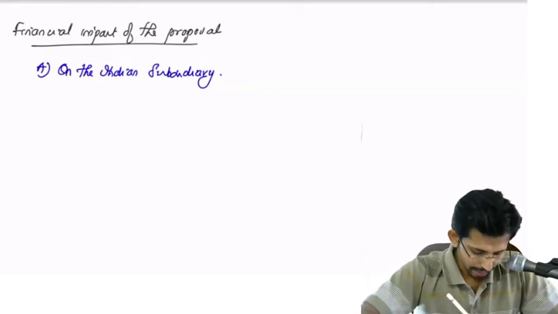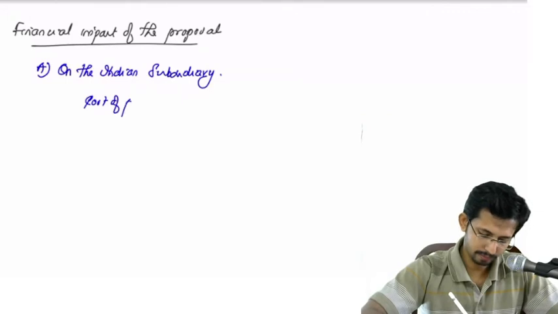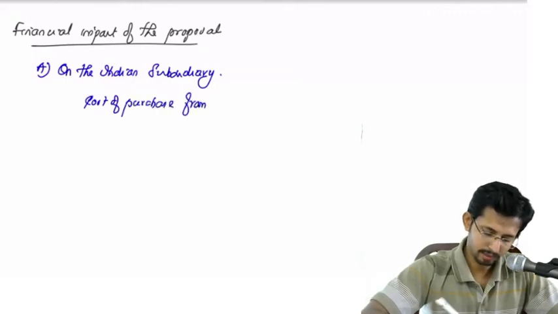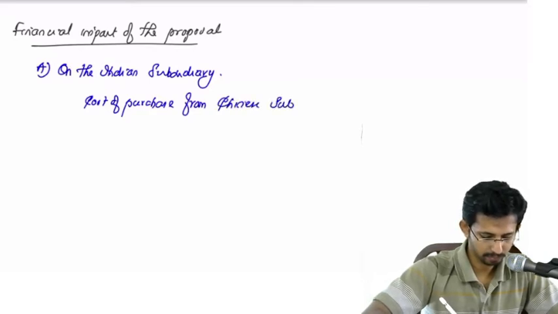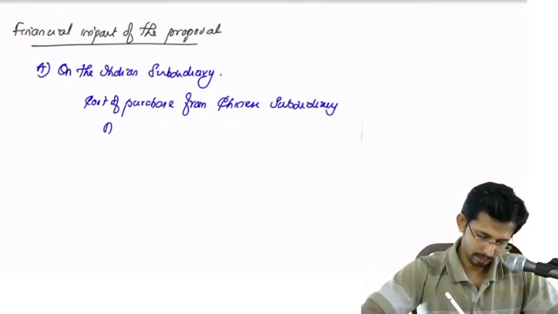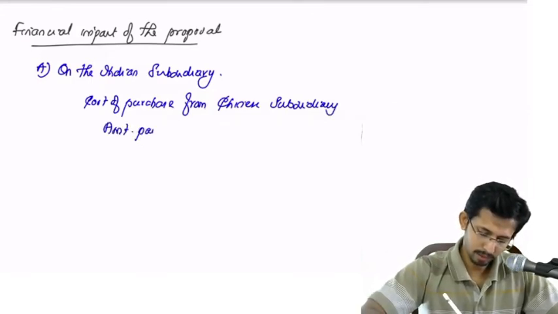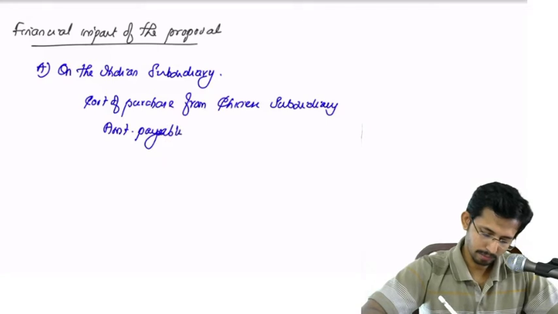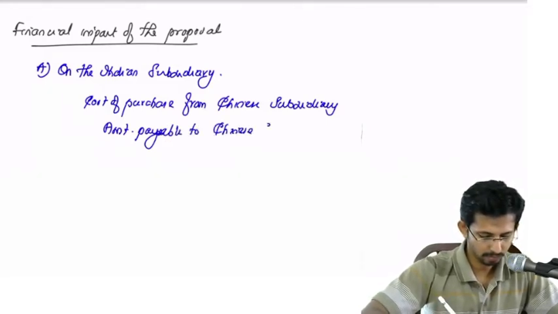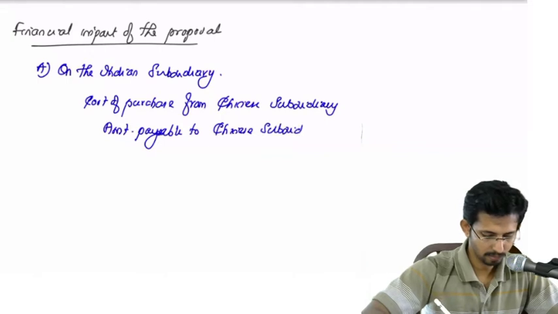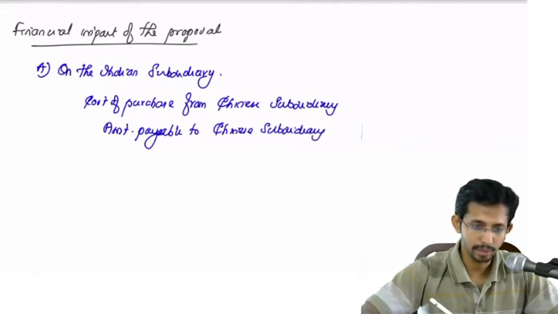Okay, so you can write cost of purchase from Chinese subsidiary, amount payable to Chinese subsidiary.